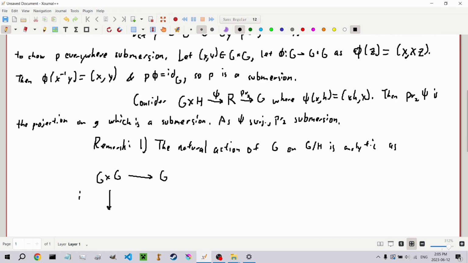We can alternatively project the right element onto G over H. And this thing is clearly going to commute.